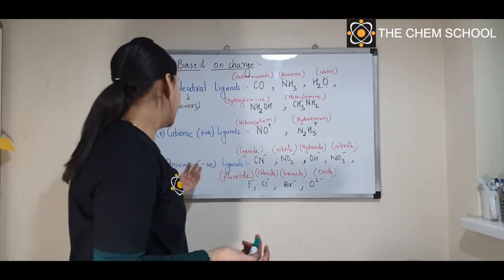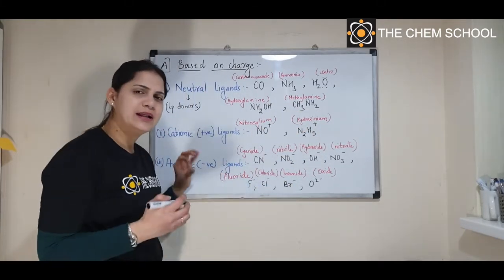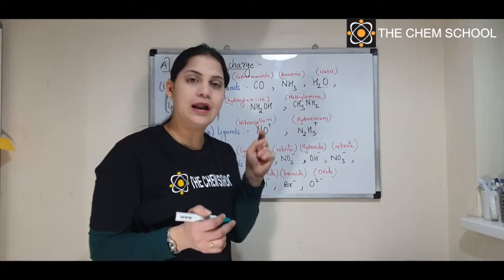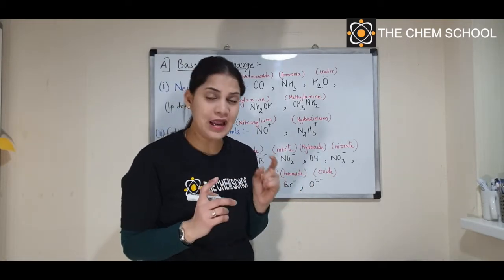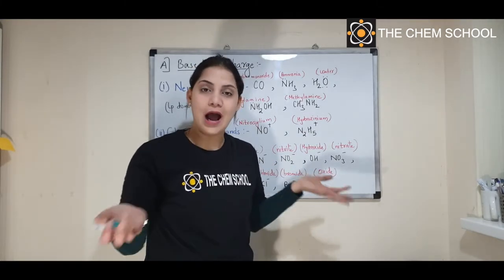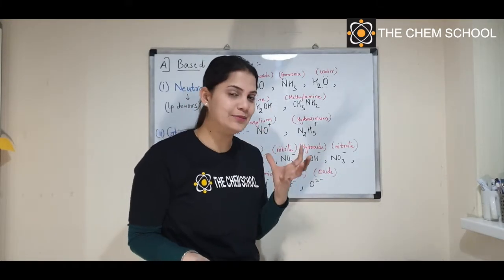Now when you talk about cationic ligands, we said that somewhere they will have the positive charge, and remember, the molecule or the atom that has the positive charge will not donate. I repeat, the atom with the positive charge will not donate electrons because it is electron deficient. How can it donate electrons? So just keep that in mind.